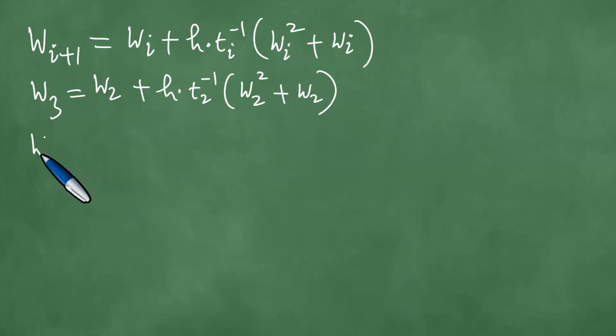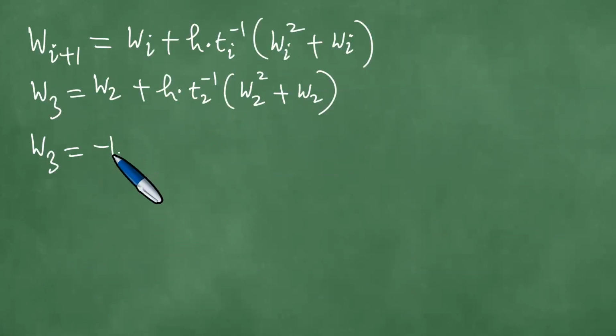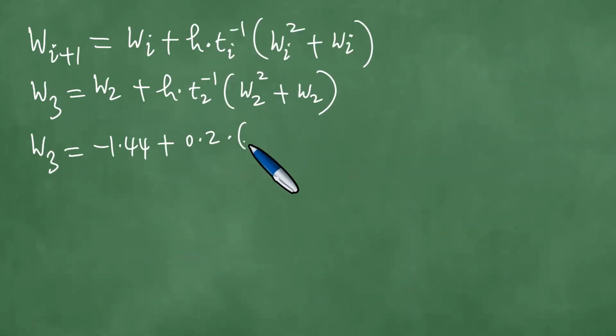Okay, now let's continue. W3 is W2, which we got to be minus 1.44, plus H, 0.2 in this question. Then T2 is 1.4. T3 is 1.6, so T2 is 1.4, raised to the power. Then you have W2, minus 1.44.